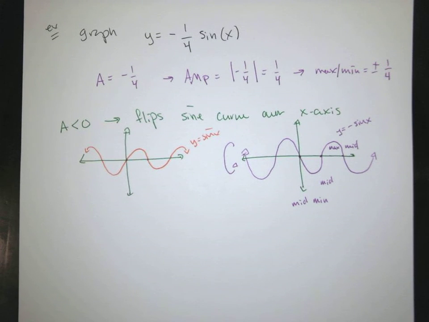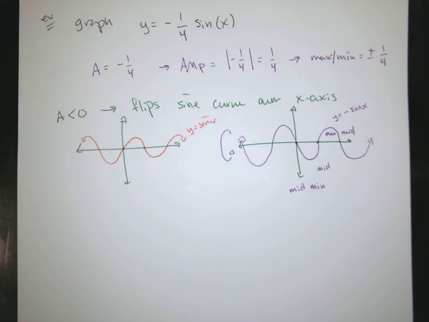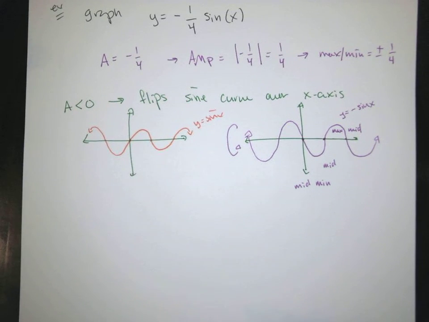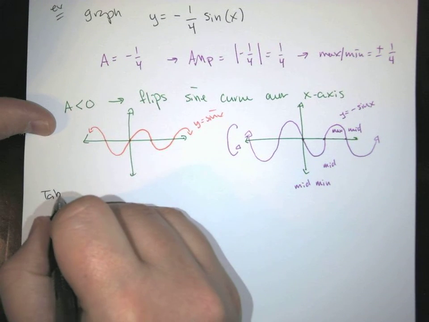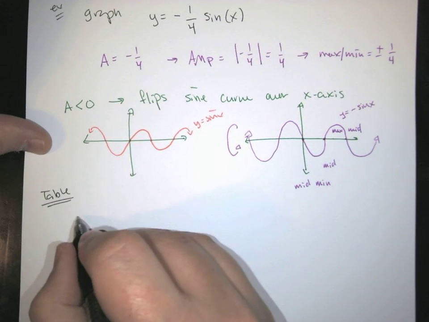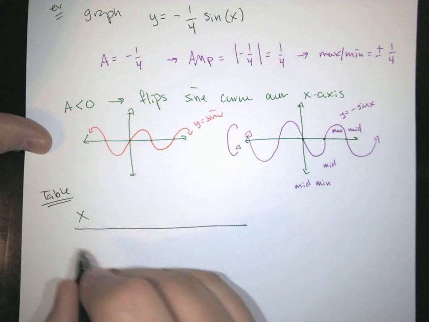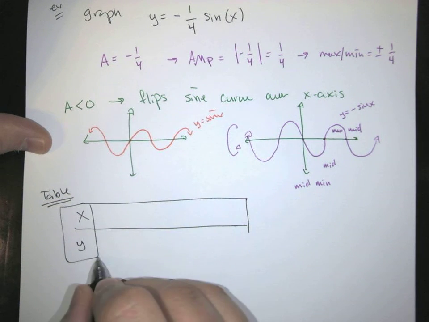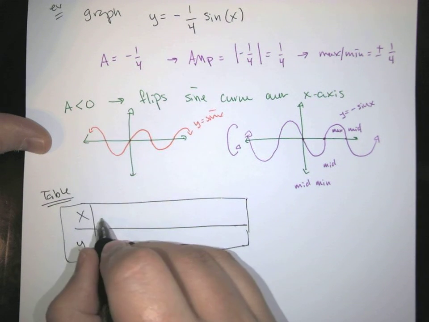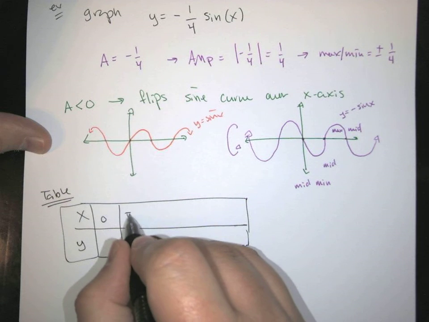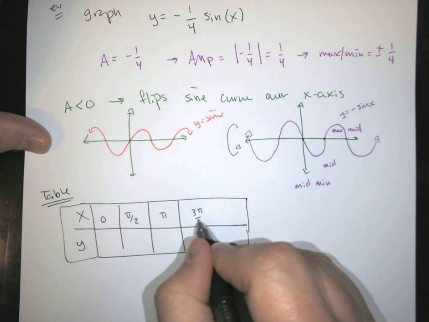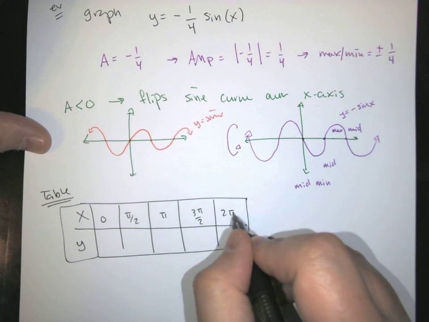The points still happen at the same values, right? Those quadrant angles. Let's start filling in our table as we talk. So x, y: 0, pi over 2, pi, 3 pi over 2, 2 pi.